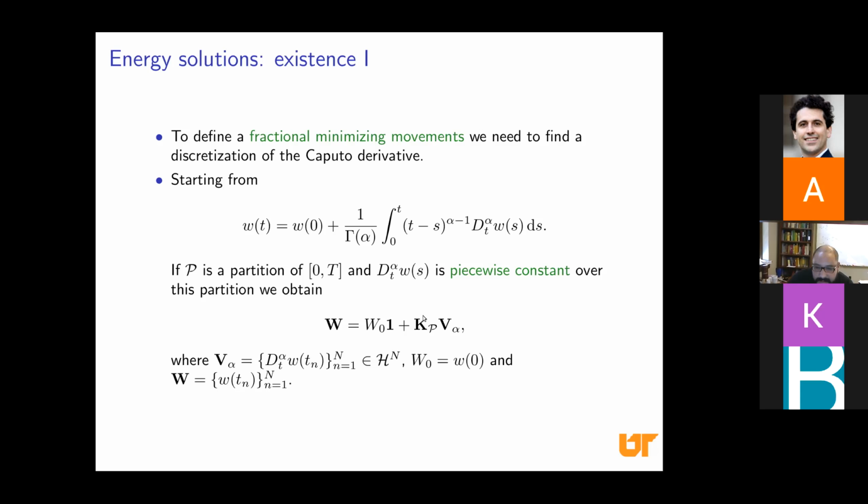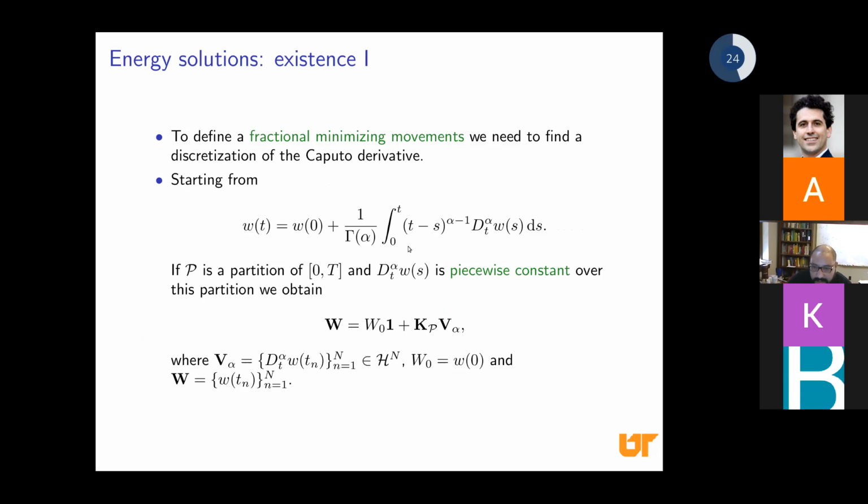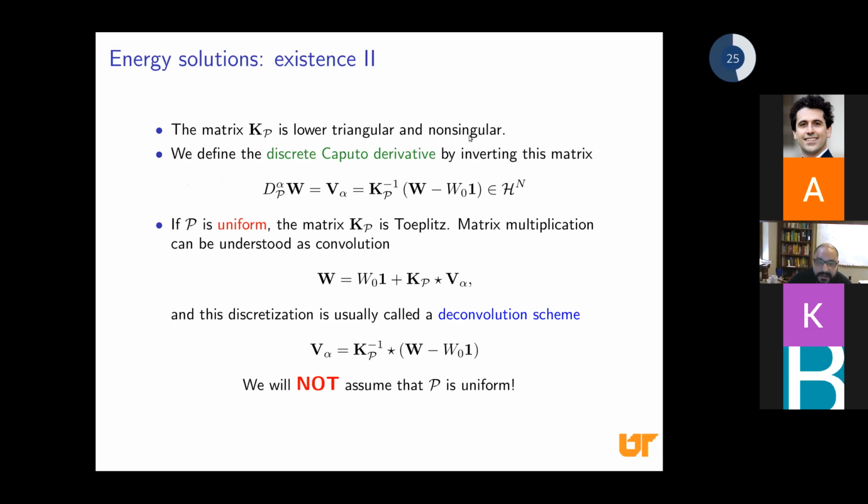Because we're integrating from 0 to t, we don't see into the future to compute the value at time t. This matrix is going to be lower triangular, and because I am integrating this kernel that is positive, the diagonals are going to be positive, so this matrix is non-singular as well.